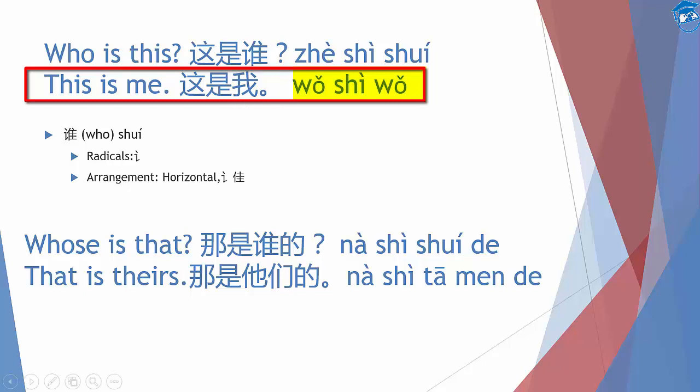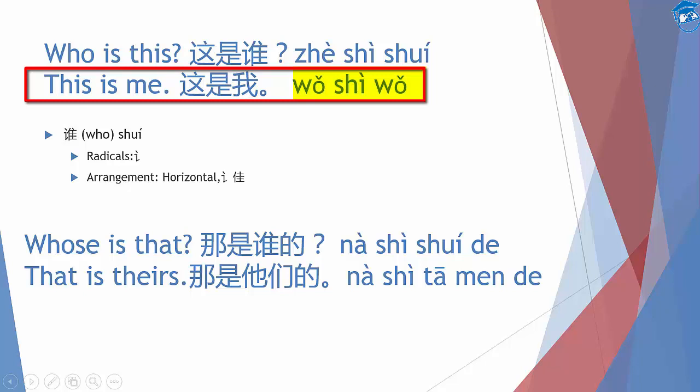Okay? In other words, you place the question word like who, what, etc. at where you expect the answer is. And then as you ask 这是谁, you are expecting the person to answer in such a way that they replace your question word with the answer, which is 我.